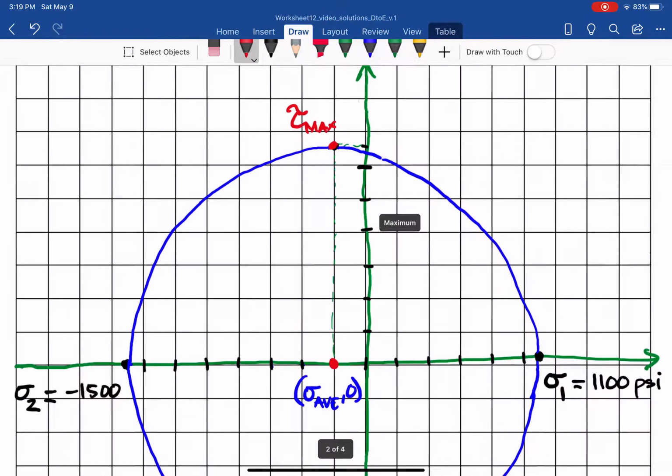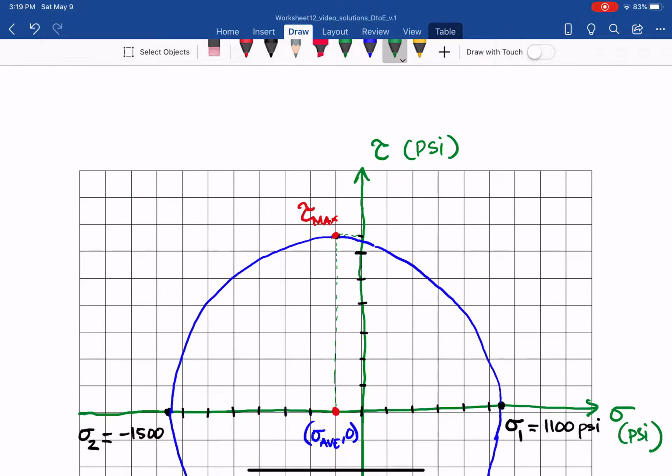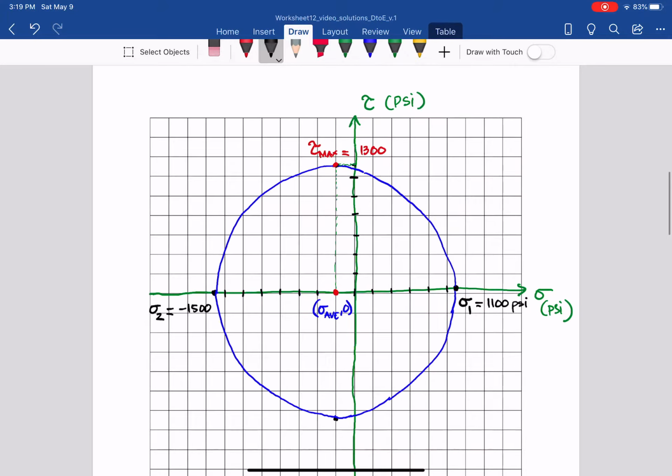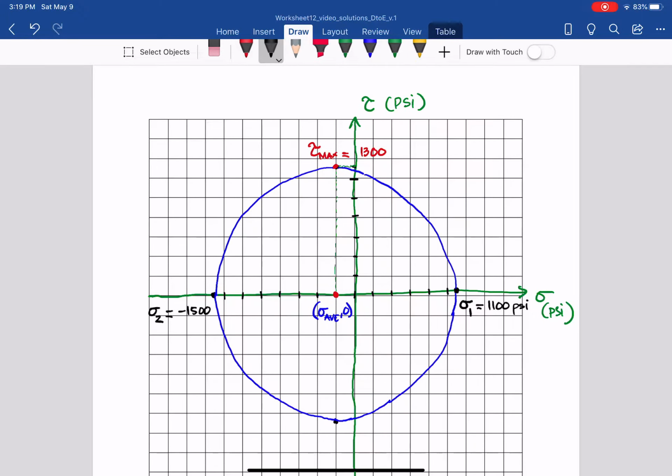On this side it will be 1300, so we have that equal to 1300 psi. We already have the unit, so we don't need to put it down here for the circle. For the Mohr circle, we already put psi on the axis. Otherwise, you can say psi here, and also psi here.